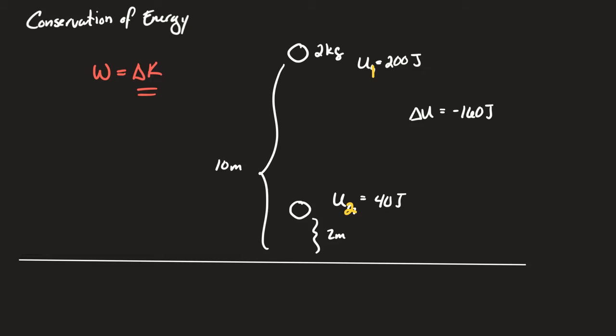If I do that, I think all of you would agree that when the object is dropped, it will have a kinetic energy here, but it will also have a potential energy here. So by conservation of mechanical energy, the total energy 2 meters above the ground would have to be equivalent to the potential energy 10 meters above the ground.